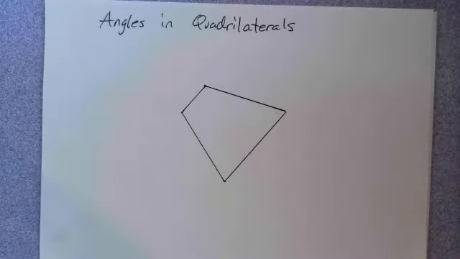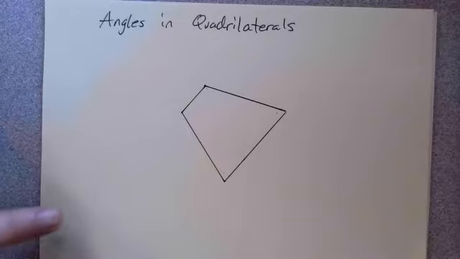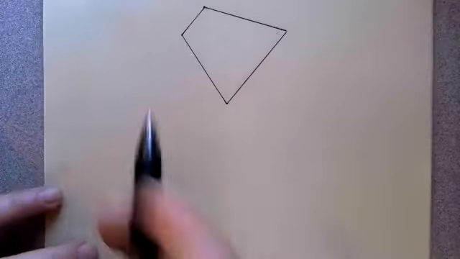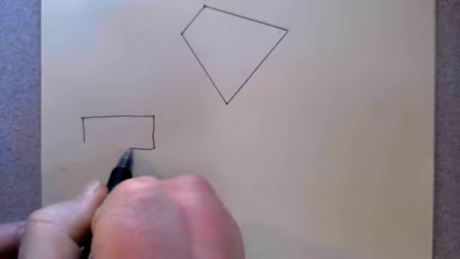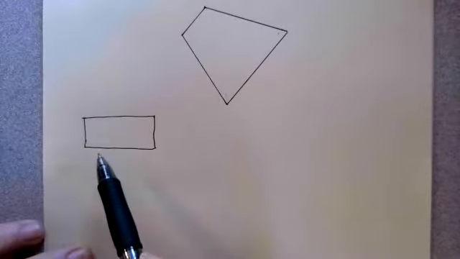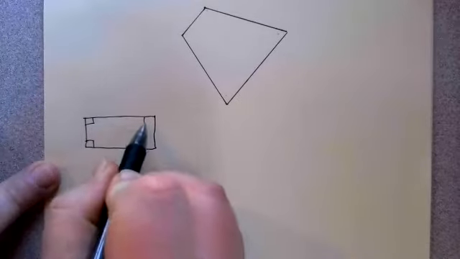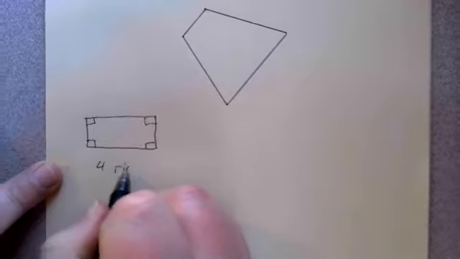If we were to look at a rectangle, for example, I think we could figure out exactly what the angle measures of a rectangle would be. But is that true for all quadrilaterals? So before we figure this one out, let's take a look. Here, if we put together a rectangle, the definition of a rectangle is four right angles.